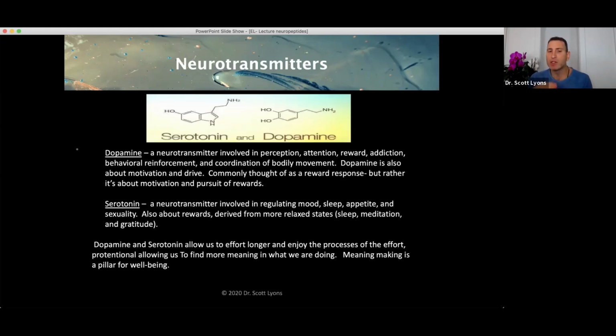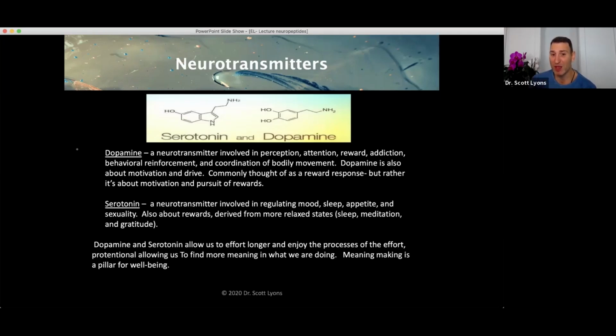So dopamine is a neurotransmitter involved in perception, attention, reward, addiction, behavioral reinforcement. Instead of addiction, I usually say behavioral reinforcement. And coordination of body movement. Who would have thought? Dopamine is also about motivation and drive.